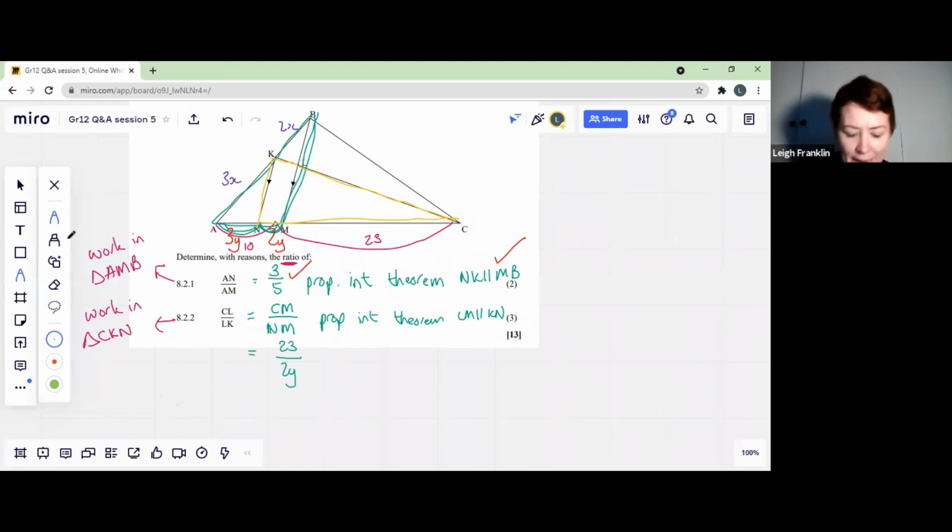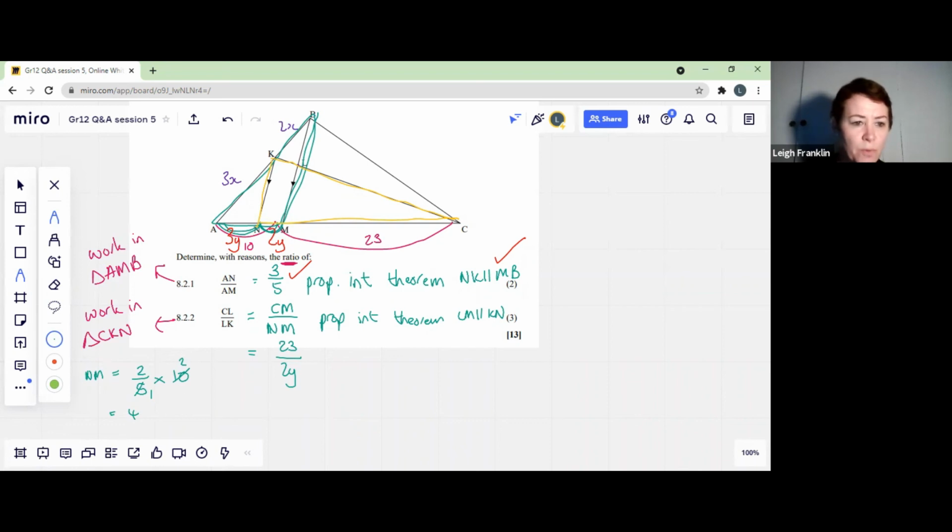Okay, side NM represents what part of the whole? It is 2, so NM is 2/5 of 10. Does that make sense to everybody? So 5 goes into 10 twice, and 2 times 2, so NM is going to be equal to 4.